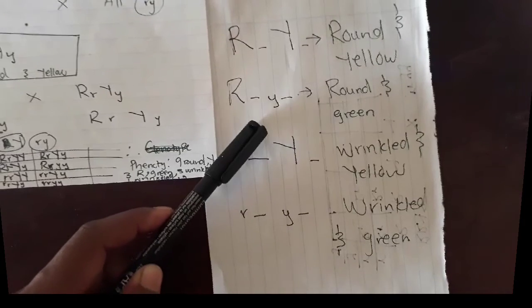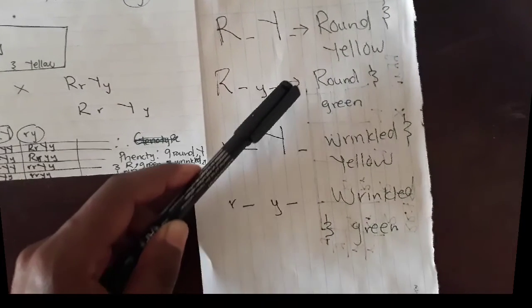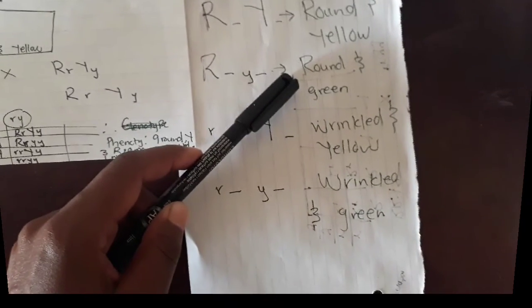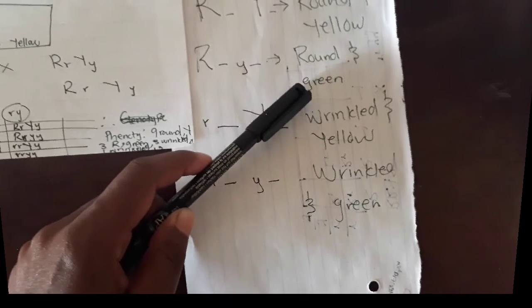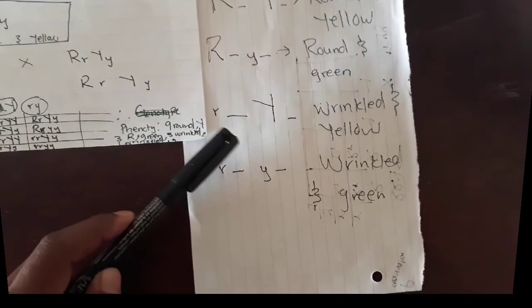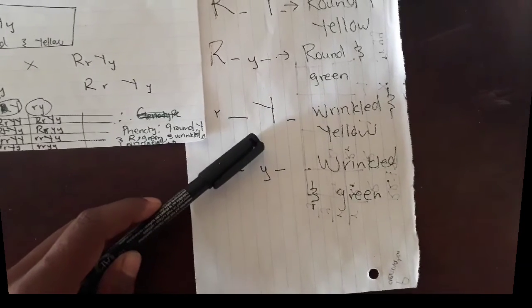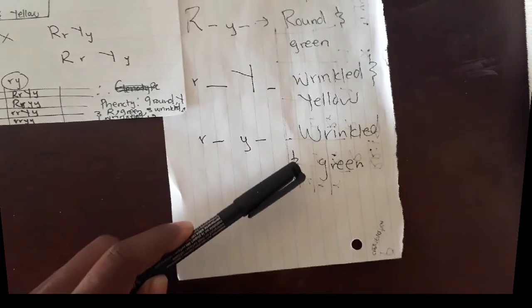Again here, we will have round and green seed since we only have the small letter y. And here we have only the small letter r and big letter Y. We will have wrinkled and yellow seed. And in this case, we only have small alleles. The phenotype will be wrinkled and green.